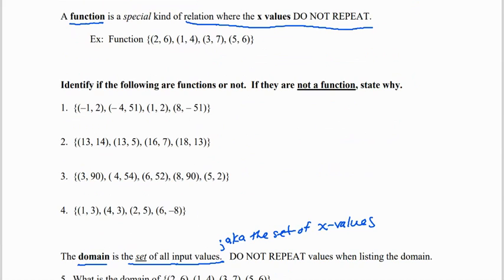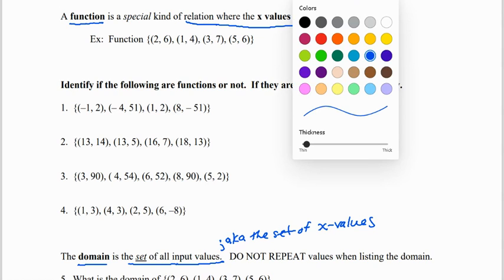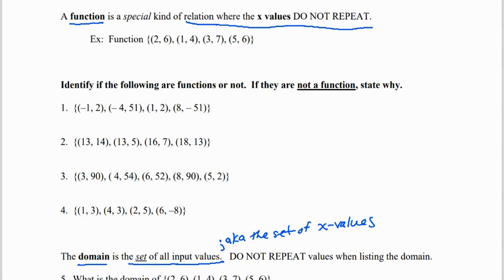Okay, so let's look at problem number 1. Problem 1 says identify if the following are functions or not. If they are not a function, state why. I'm just going to use green to answer these questions. So we're looking at seeing if those x's repeat. Let's look at the first one. I see a -1.